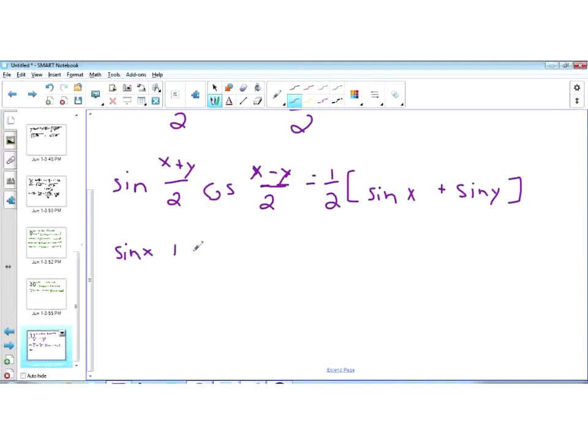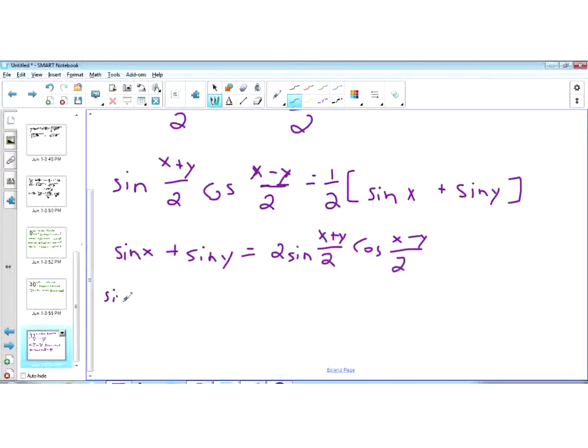The first one, which we just proved: sine x plus sine y is equal to 2 times the sine of x plus y over 2 times the cosine of x minus y over 2. Okay, so we just proved that one.